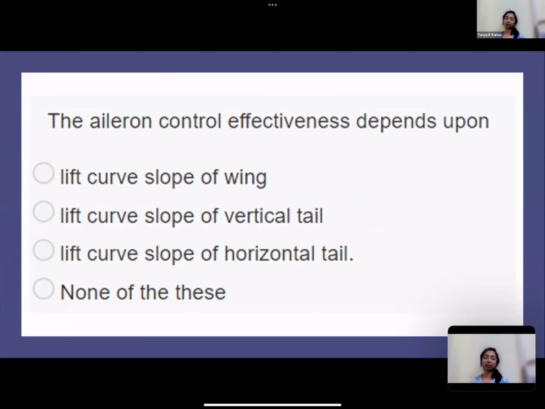Give it a moment, read the question carefully. Is it on the vertical tail? Is it on the horizontal tail? The horizontal tail we just studied, it's the elevator. Aileron is not there, it's the elevator.